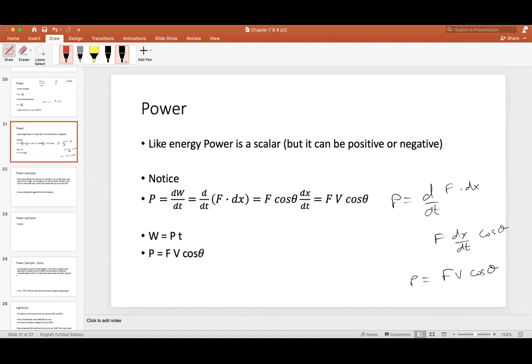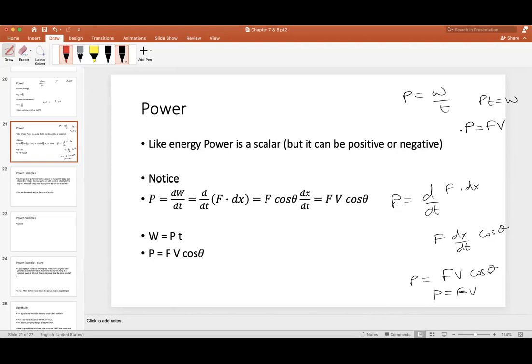If they are parallel or anti-parallel, this is positive or negative 1, right? So the power is the force times velocity. The power is also the work over time, or the power times time is the work. These three equations really are what we're going to use.